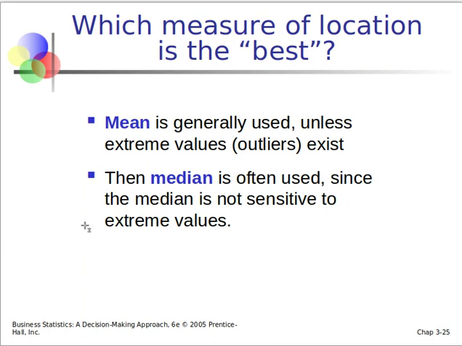Now there's a question here. Which measure of location is the best? Which is the best measure to determine the center of the data set? Is it the mean, the median, or the mode? It says here the mean is generally used unless extreme values exist, like unexpected outliers that obviously do not belong to the group, very different from them.